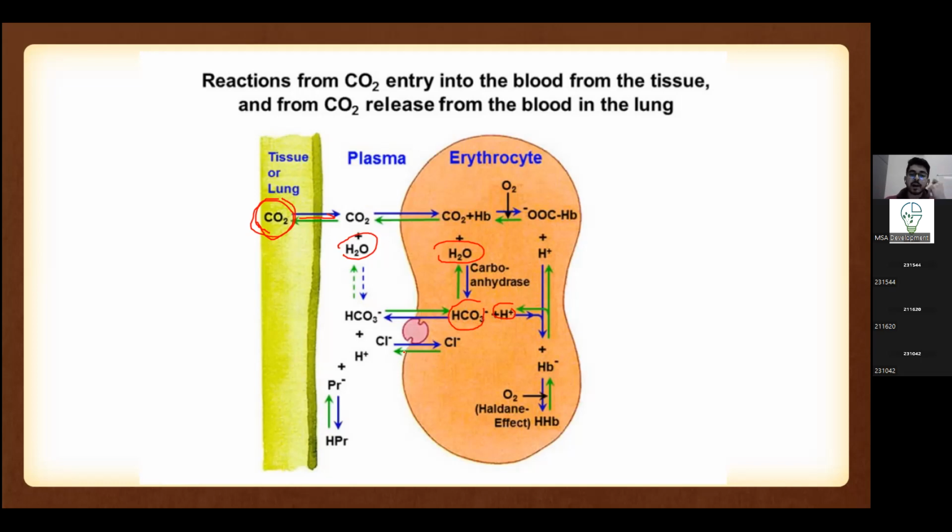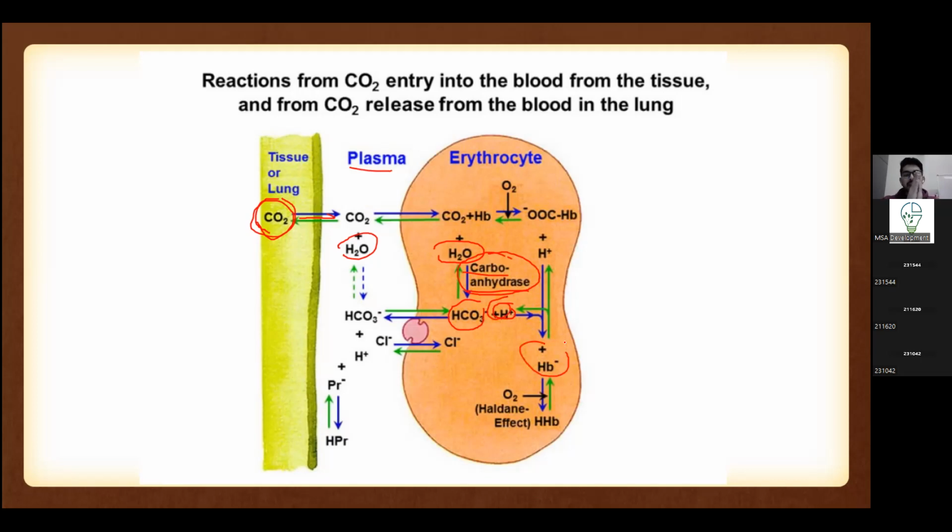However, it happens at a higher rate in the RBCs. The reaction goes faster in RBCs because of two reasons. The first one is the presence of the enzyme carboanhydrase. This enzyme is present in red blood cells, but it's not present in the plasma. The second reason is the buffering of H plus by hemoglobin.